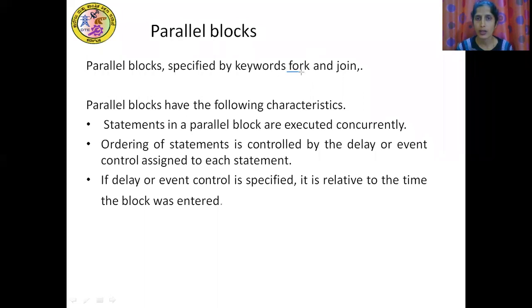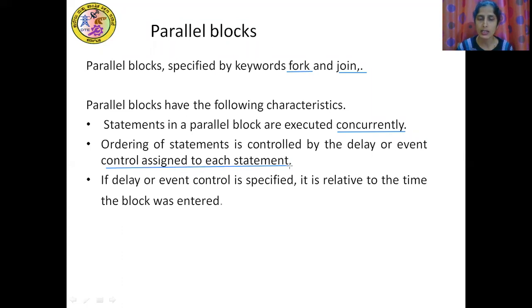The keywords fork and join are used to model a parallel block. The parallel blocks have the following characteristics. First, statements in a parallel block are executed concurrently, which means at the same instant of time, in parallel. Ordering of the statements is controlled by the delay or event control associated with each statement.